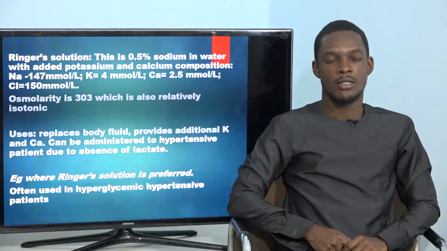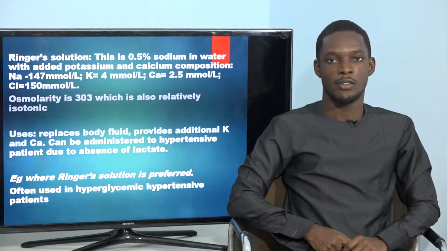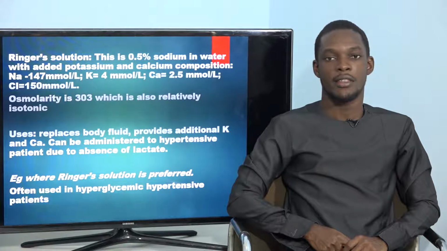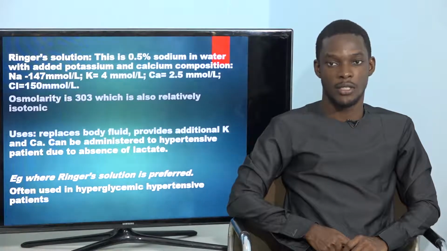It contains 147 millimole per liter of sodium, 4 millimole per liter of potassium, and 2.5 millimole per liter of calcium. It also contains 150 millimole per liter of chloride. The osmolarity of Ringer's solution is 303 and is also relatively isotonic due to its function within the body.